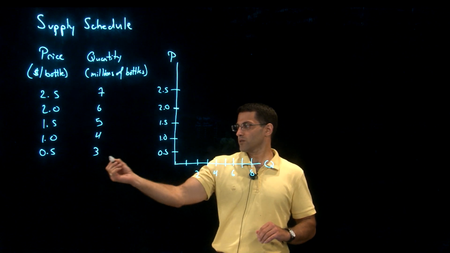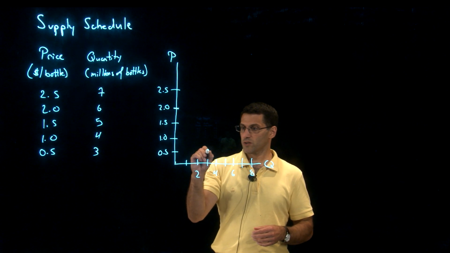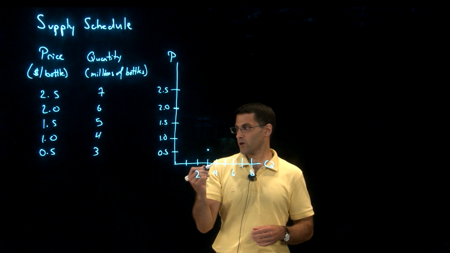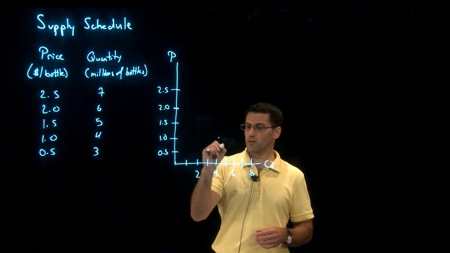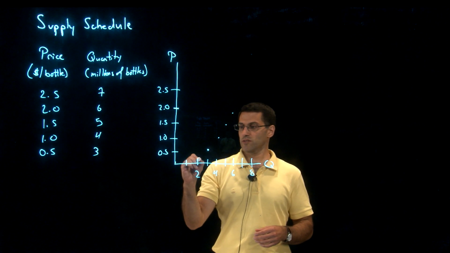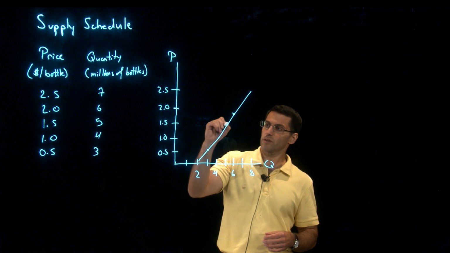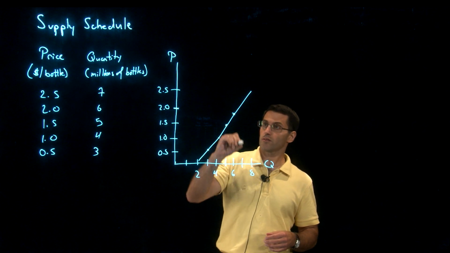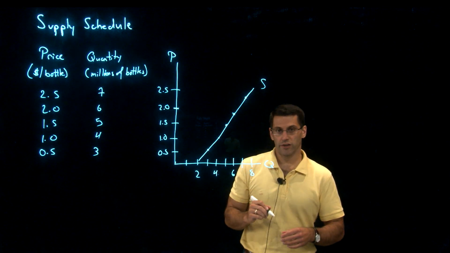And I always find it easier to start down at the lower price and work our way up. 3 to 4, 5, 6, and 7. You can imagine our supply curve looks a little something like this. So here's our supply curve.